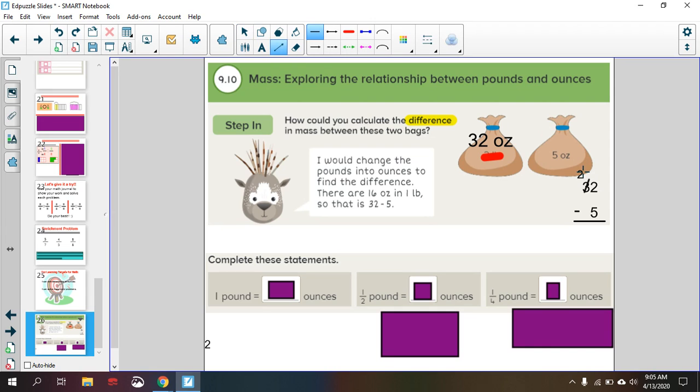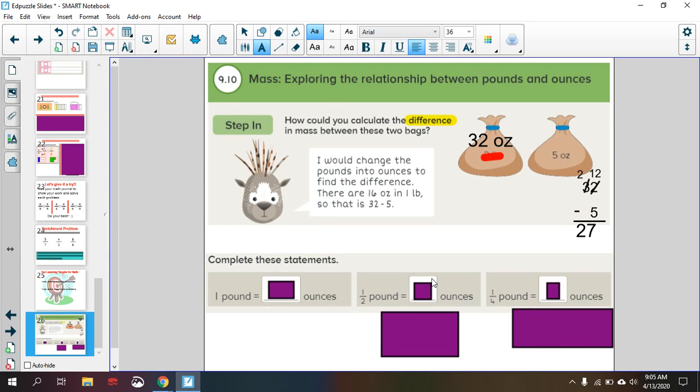And then I'm going to bring that 10 that I borrowed back to the ones place, and I'm going to have 12 ones over here. Now that I've got everything set up after I've borrowed, I can solve this very easily. 32 minus 5 is going to turn out to be 27.